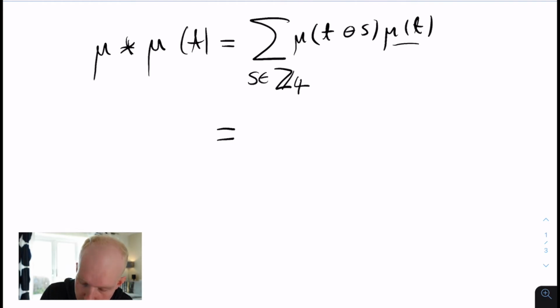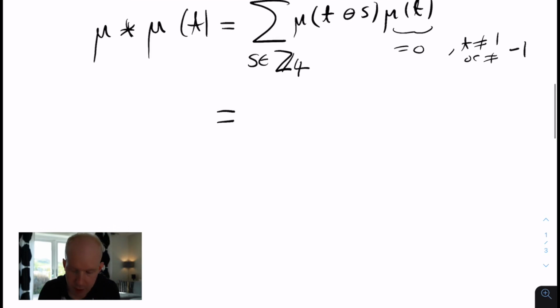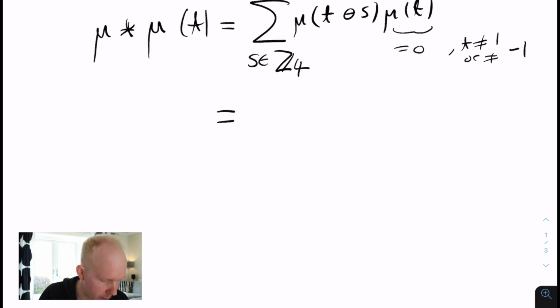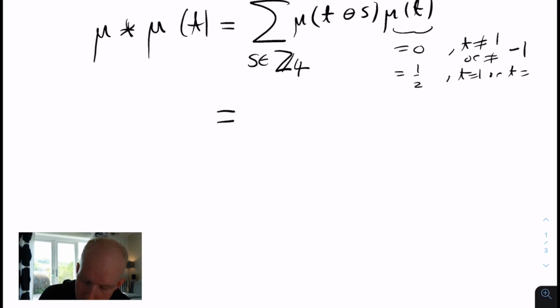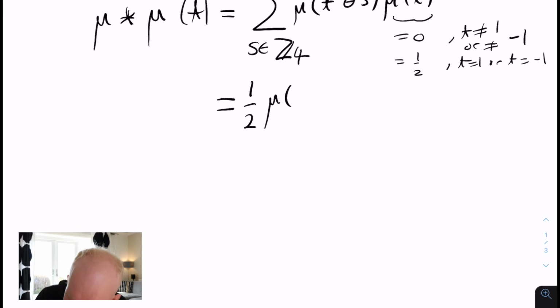Remember that this is 0 if t is not equal to 1 or minus 1. Then the only places where it is nonzero is when it's minus 1 or plus 1. And then here, if you look at the definition, this is equal to a half if t is equal to 1 or t is equal to minus 1. So that's why this is actually equal to half of mu, and then take the point t that we wanted to consider. Sorry, this should be s here. I just realized. Yeah. s.